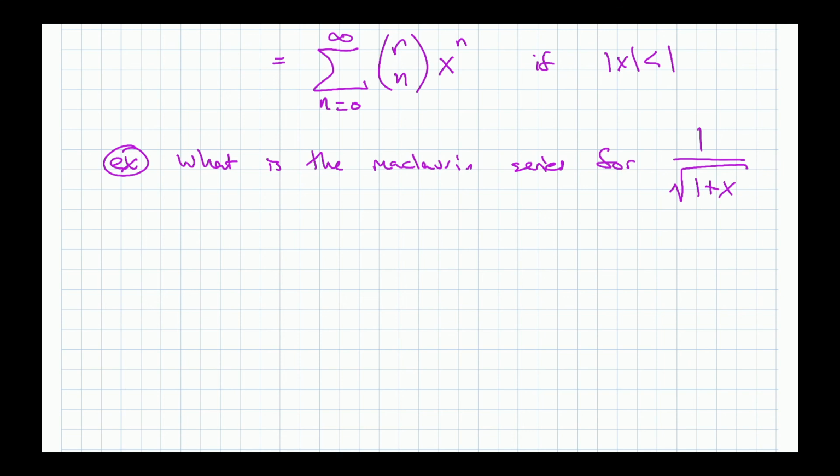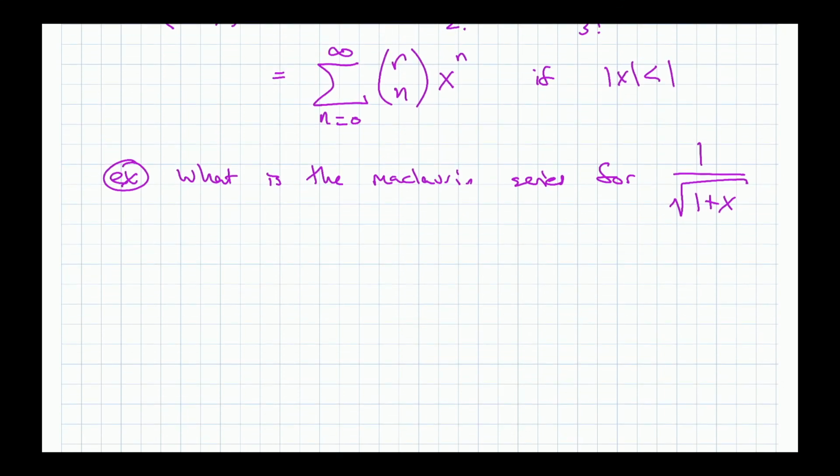Okay? And the way you would do it is very simple. So you would say, okay, well, first of all, this is actually 1 plus x to the negative 1/2, right? Square root is a 1/2 exponent. So this is your r.